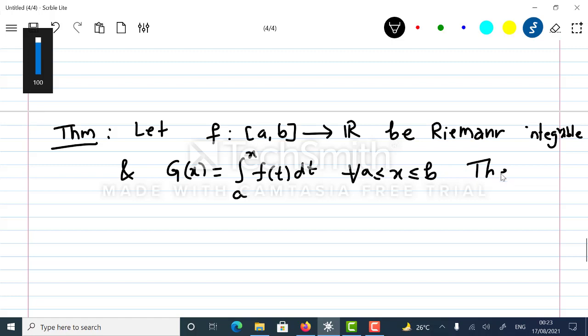Then g is continuous on the closed interval a comma b.